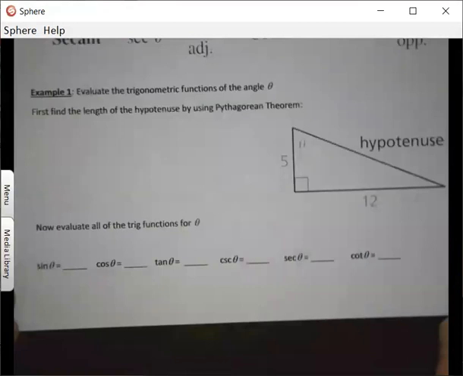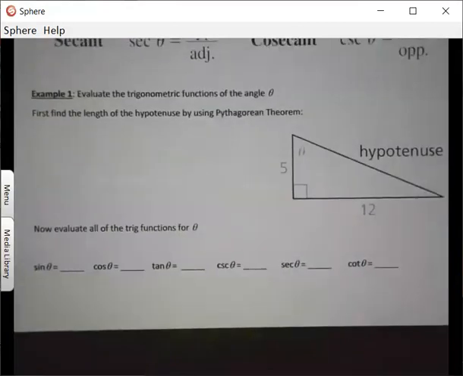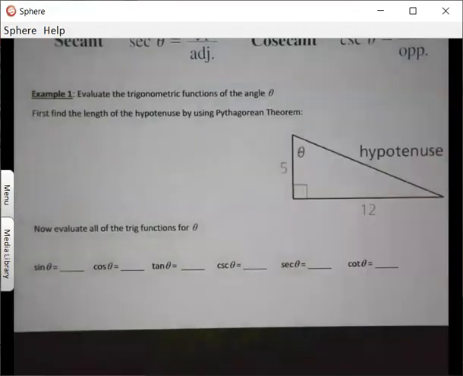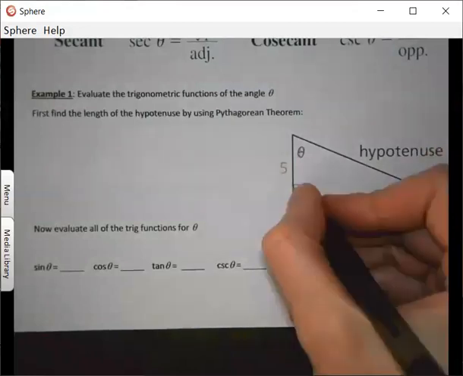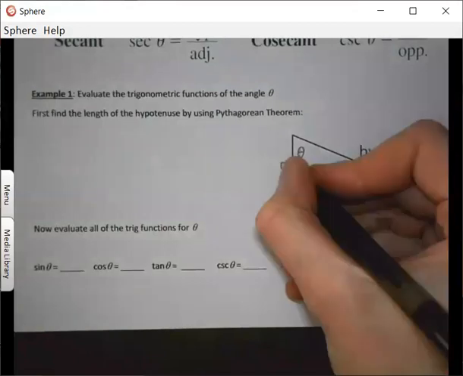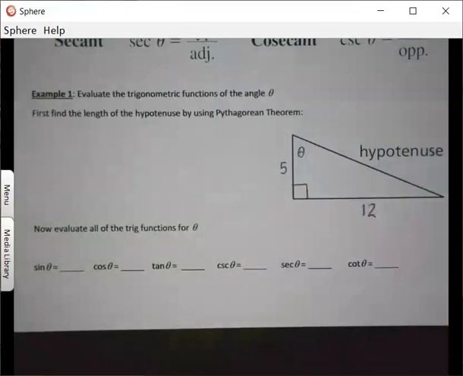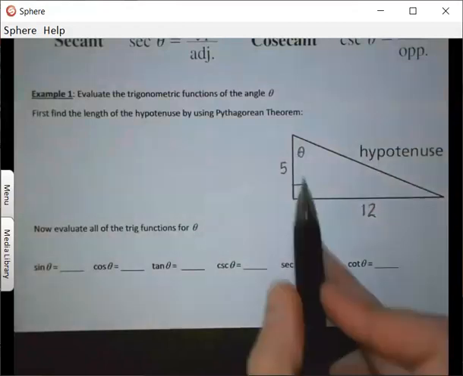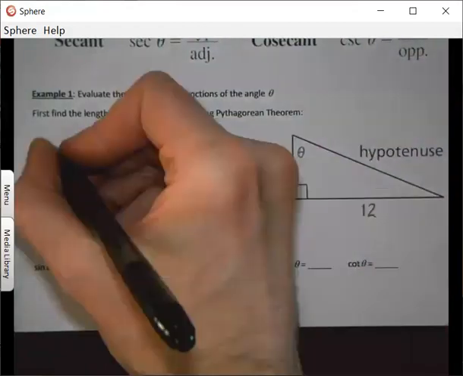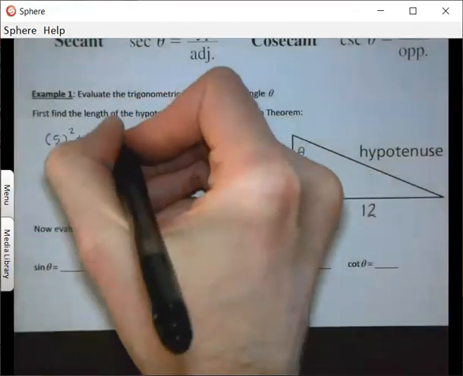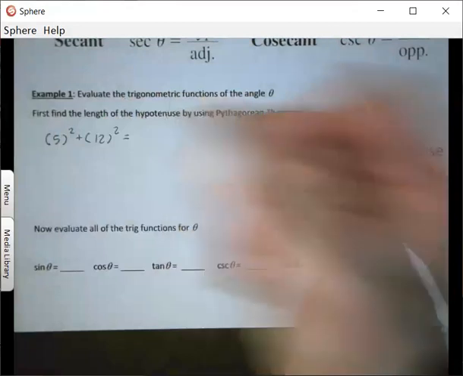Okay, first example. We're going to evaluate the trig functions of the angle theta. So right there. First, we want to find the length of the hypotenuse by using the Pythagorean theorem. So there's my right angle, there's my hypotenuse. This side is 5, this side is 12. So Pythagorean theorem, a squared plus b squared is c squared, or 5 squared plus 12 squared is equal to the hypotenuse squared.